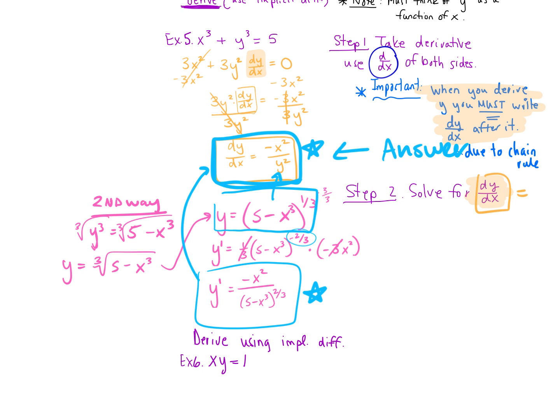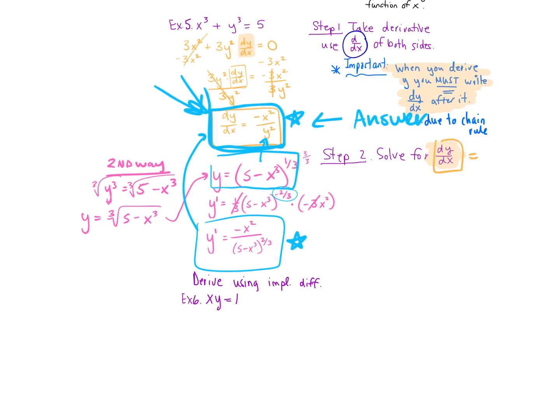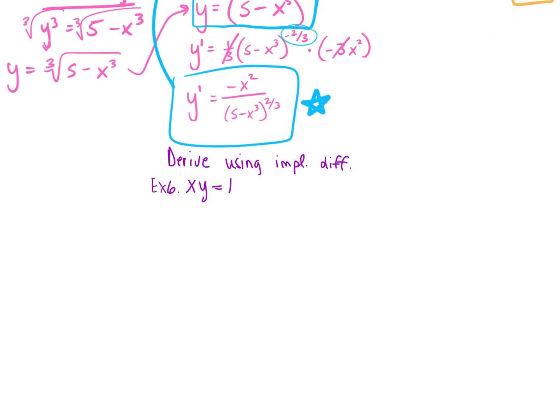But on the web assign, it wants y in your answer just like this way. On the test again, same thing. It wants y in your answer just like that. So you don't have to do the second way, just showing you how it works. Any questions there?